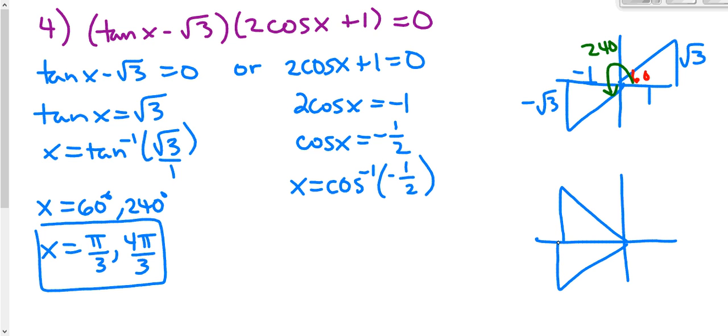So the adjacent would be negative 1 and the hypotenuse would be 2. And so the opposite side would be square root 3. So we're looking at another 60-degree reference angle. So one of our answers is 120 degrees and the other answer is 240 degrees.